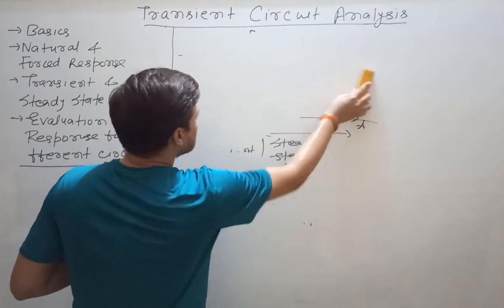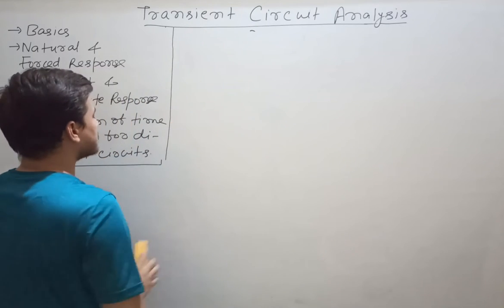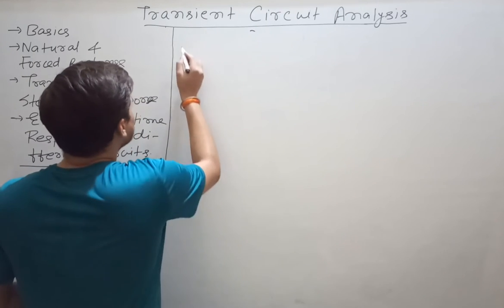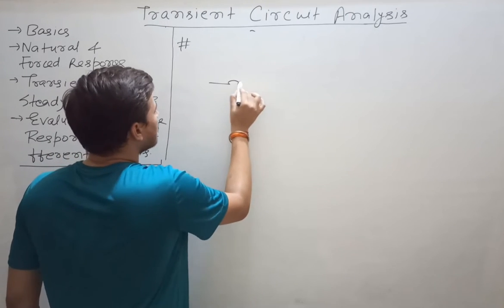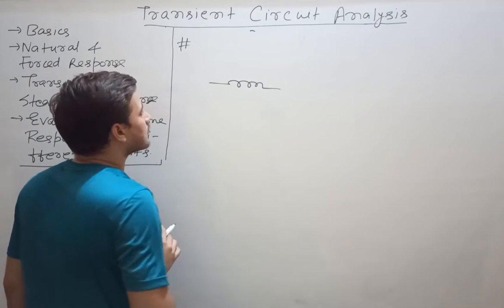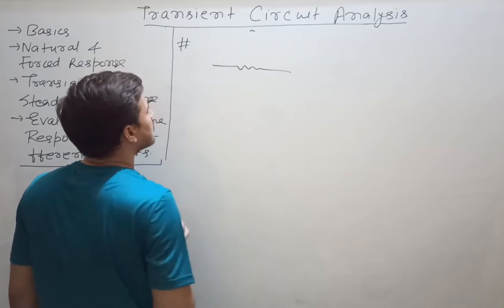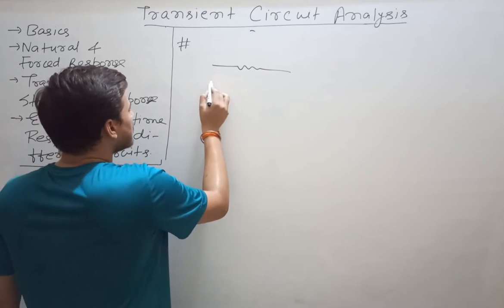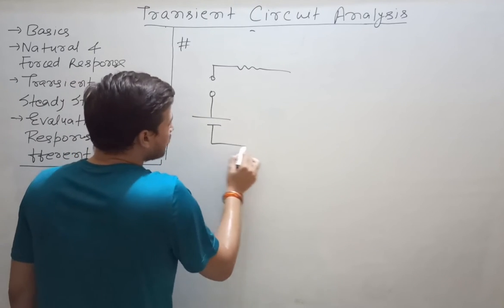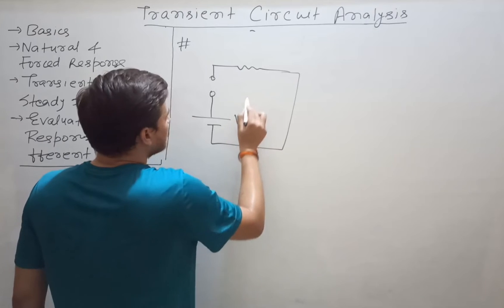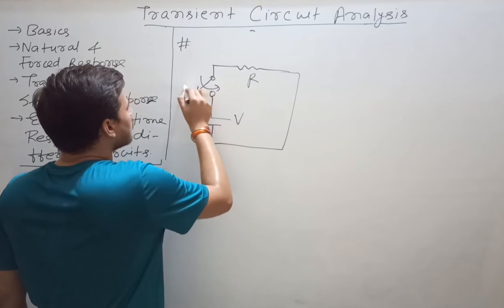Next, let us discuss the initial and final conditions. Initial and final conditions means, suppose you are having an inductor, or before the inductor, let us take the example of a resistor. So in the case of a resistor, suppose the switch is given to you. Now you are having a voltage supply V. This is the resistance R. Now suppose this switch is closed at t equal to 0.